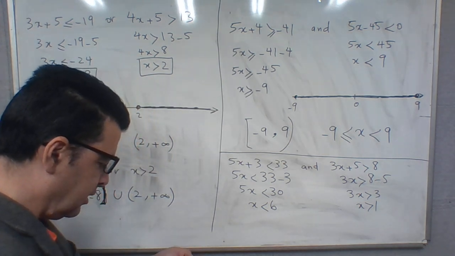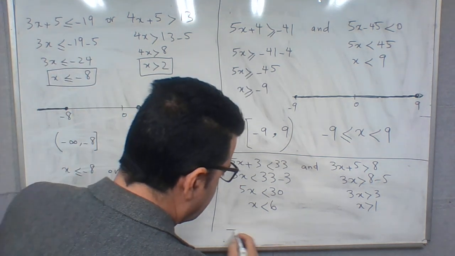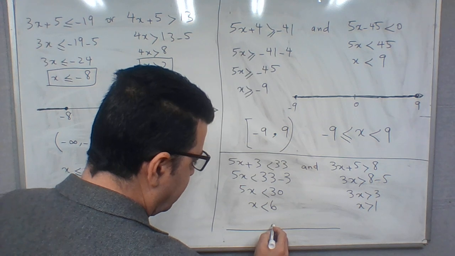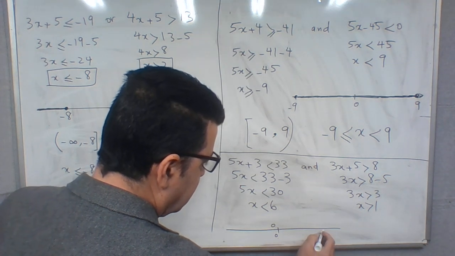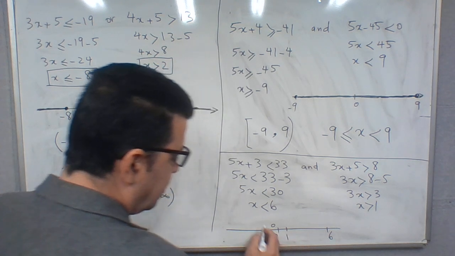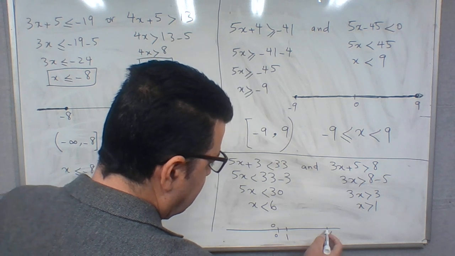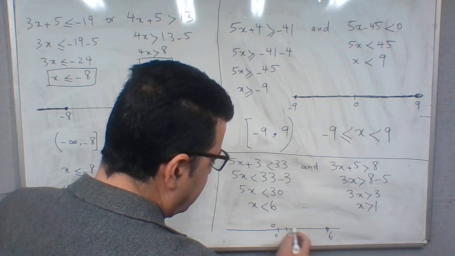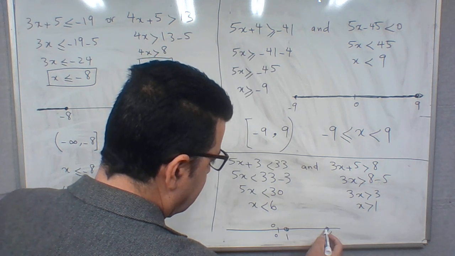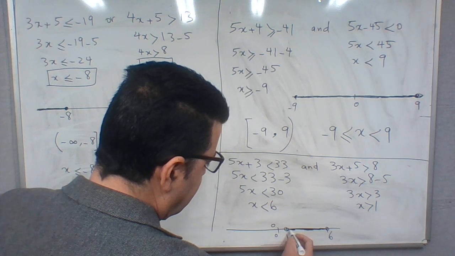Okay, this is the solution. Graph it. It is less than 6 if this is the origin. This is 6, and that is 1. So x less than 6 and greater than 1. So both are holes because these are not equalities. And everything in between is the answer.